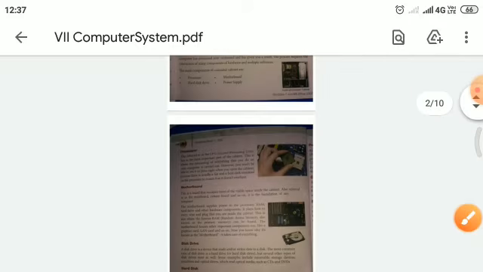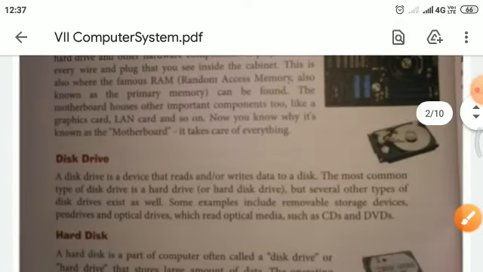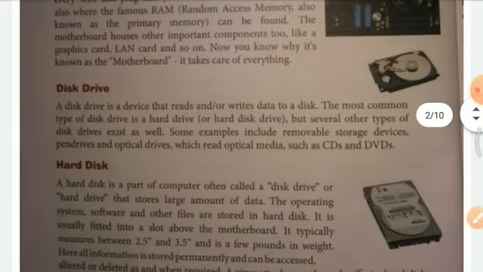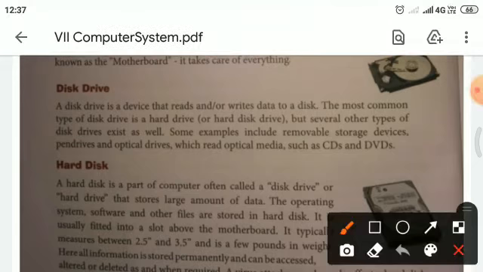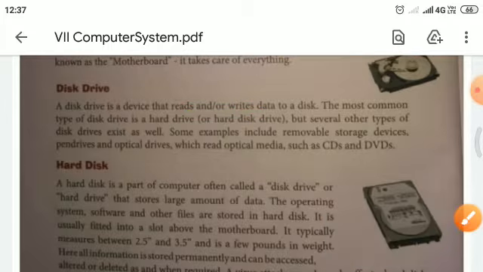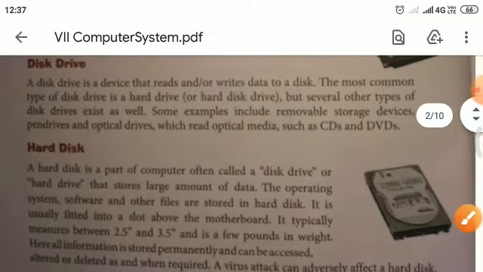And next, students, is disk drives. A disk drive is a device that reads or writes data on the disk.